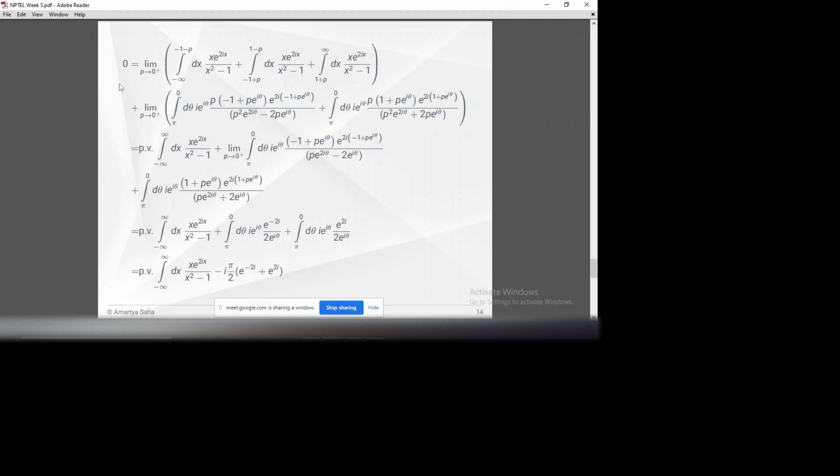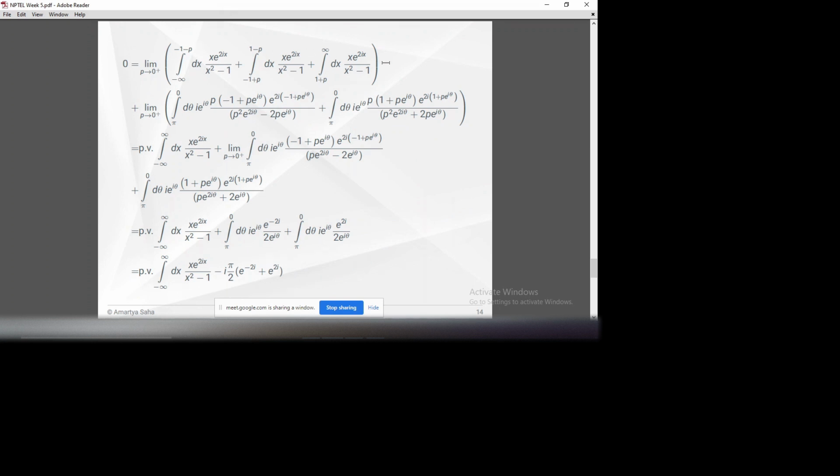So the left hand side is 0, and then I have collected all the integrations along the real line. So I have just collected these three terms, all the integrations along the real line.